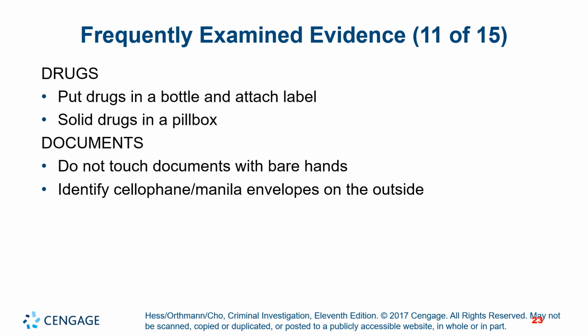You want to make sure that you do not touch them with bare hands. And the documents need to go into a cellophane or a manila envelope, and then identified or labeled on the outside of those storage envelopes and collection envelopes.